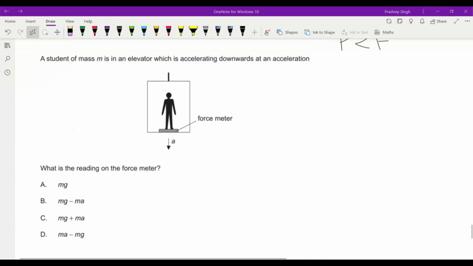So it is mg minus ma. Let's see. Let's wait for Anushka. Anushka, solve.